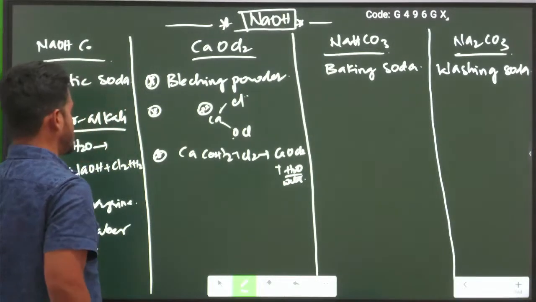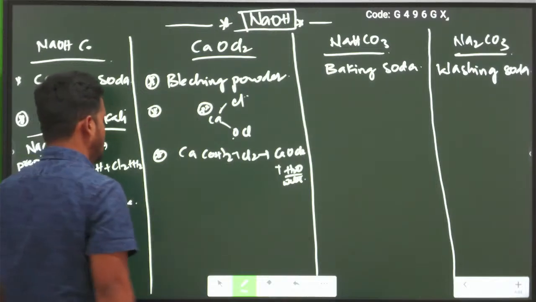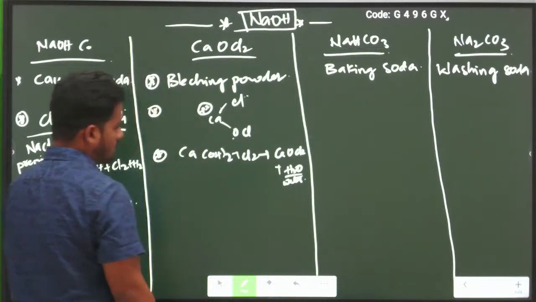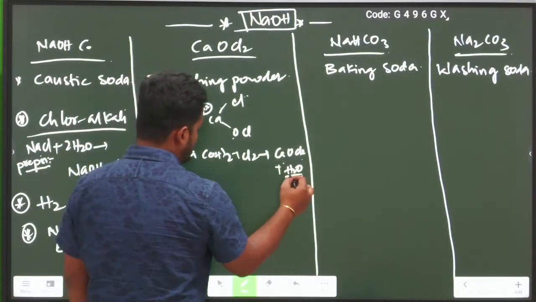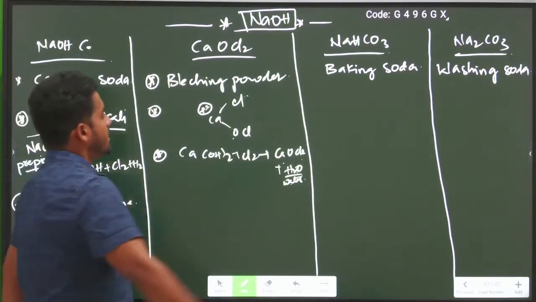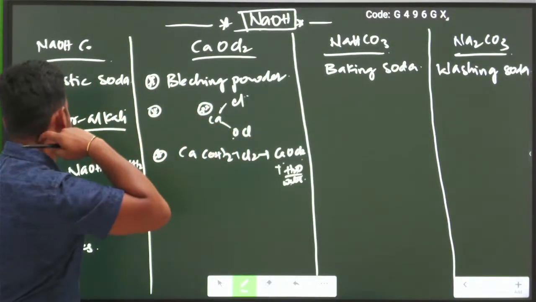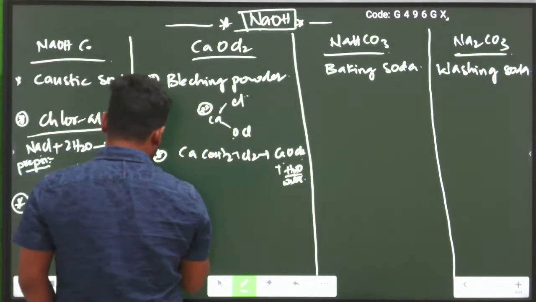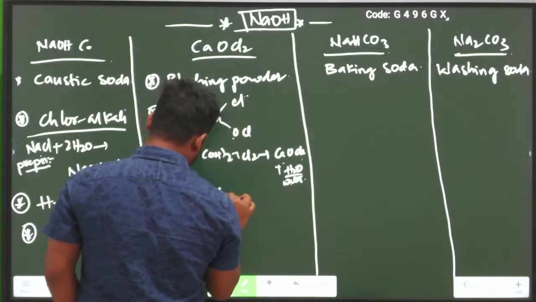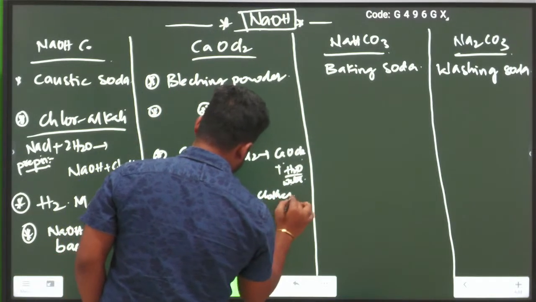What is it being used for? So it is being formed from where? Ca(OH)2. What is this? Base. Base is reacted with chlorine to form CaOCl2 and H2O as water. All these are basic products, all these are bases. And uses of this: this is used in bleaching of clothes, textile industries.